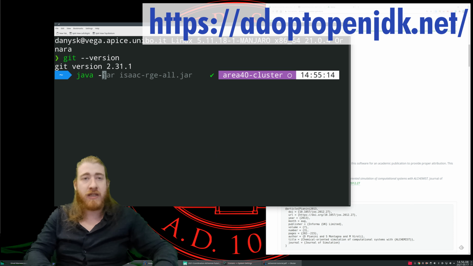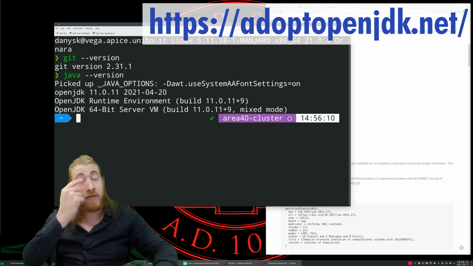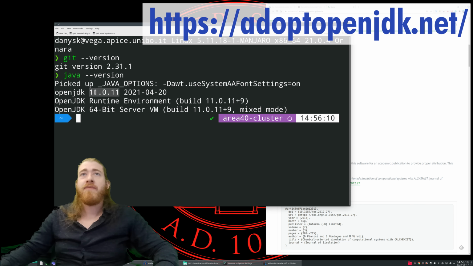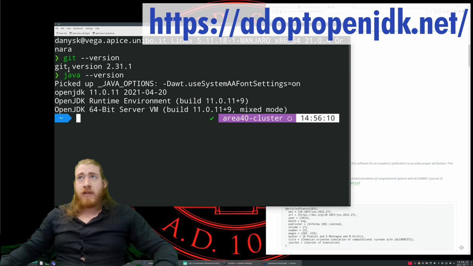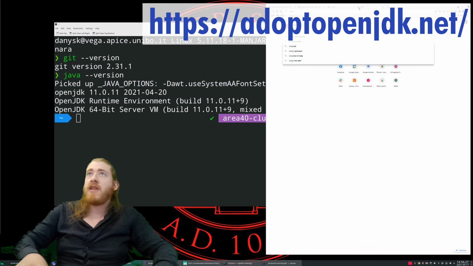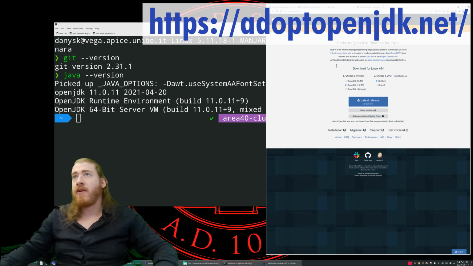So in my case, java --version says it's version 11 right now. I could actually use a newer one, but anyway, Java 11 is just fine. If you do not have Java installed, you need it. My suggestion is to go to AdoptOpenJDK, and from there you can download it.